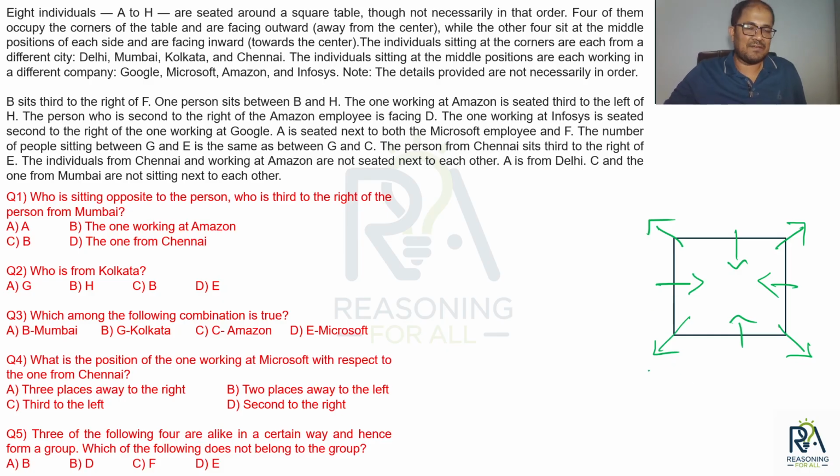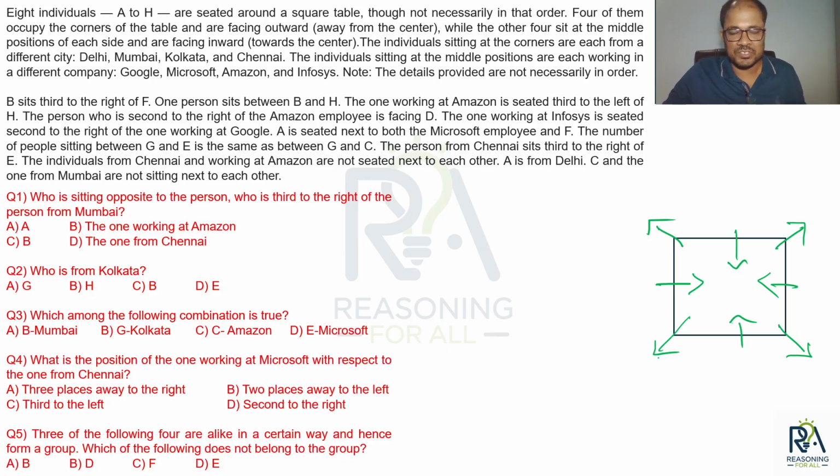Let's see what we have. The first condition: B sits third to the right of F. Now ask yourself, is this an appropriate condition to start with? Can I start with this condition? We know that in circular, the first person we can position at any place and then start with that. But B sits third to the right of F. I do not know whether F is at a middle position or at a corner position.